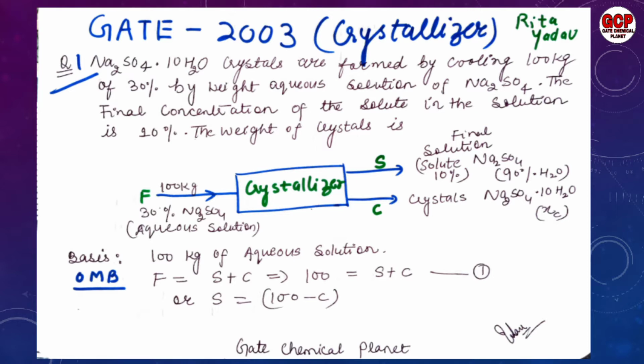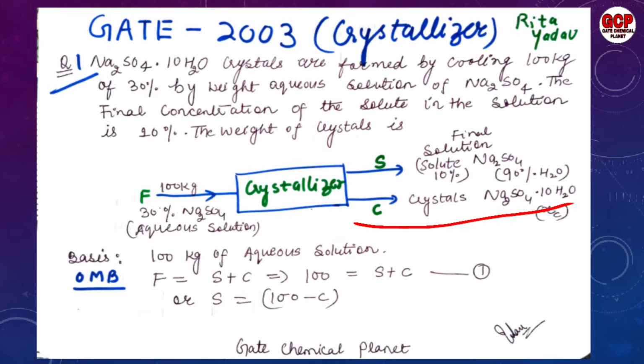According to the given conditions, I have first drawn the block diagram of the crystallizer. What information is given? Na2SO4·10H2O crystals are formed by cooling 100 kilograms of 30 weight% aqueous solution of Na2SO4.